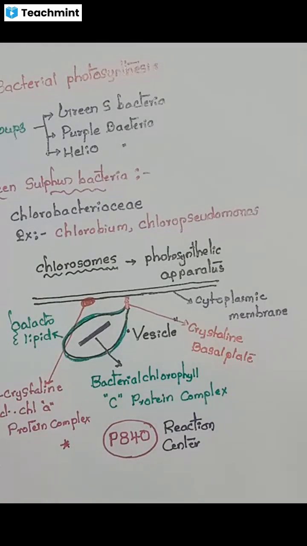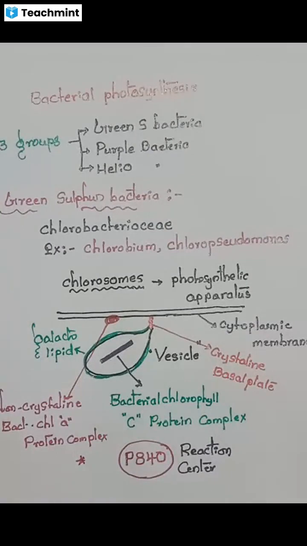In PS1, it is P700. In PS2, the reaction center is P680. But in green sulfur bacteria, the reaction center is P840. So clear. This is the information about green sulfur bacteria.